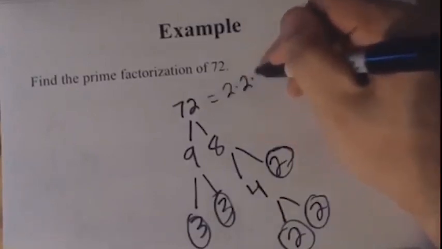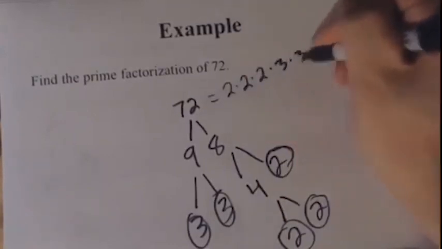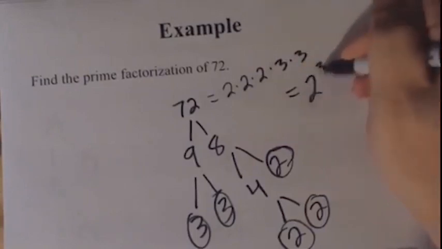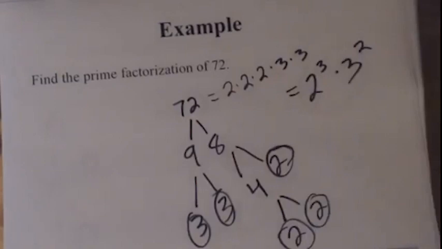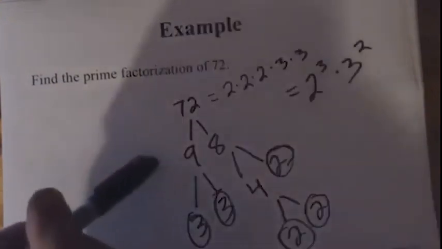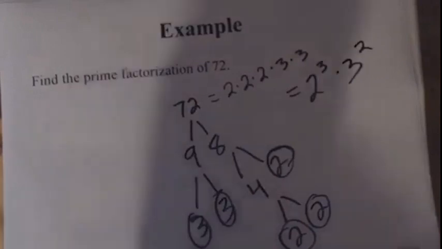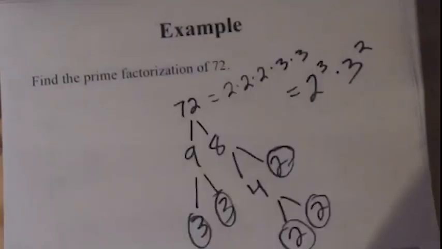So 2 times 2 times 2 times 3 times 3 is 2 cubed times 3 squared. So if you don't know your multiplication table, you're not going to be able to do this. No calculator in this course.